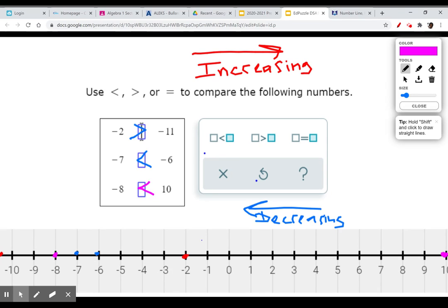For -8 compared to 10, 10 is to the right of -8, therefore 10 is greater. The number to the right is always greater than the number to its left. The number to the right is always greater.